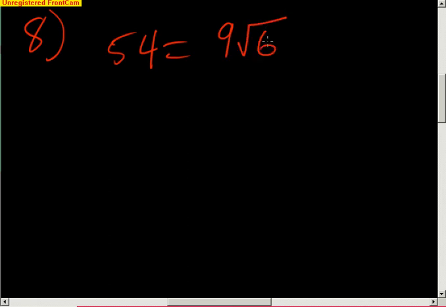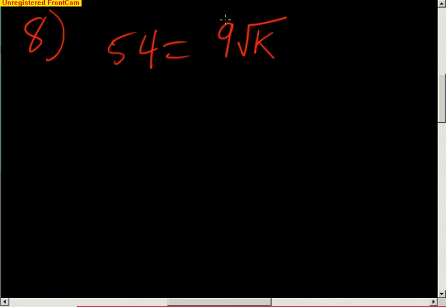And then my last question, question number 8. Again, an equation. 54 equals 9 root k. I want to get the k by itself.